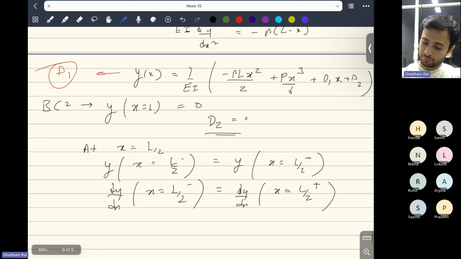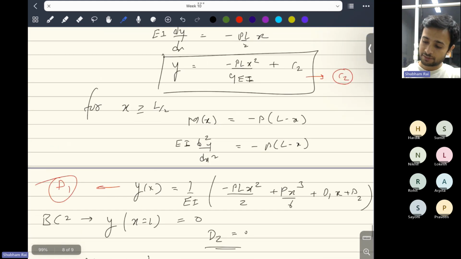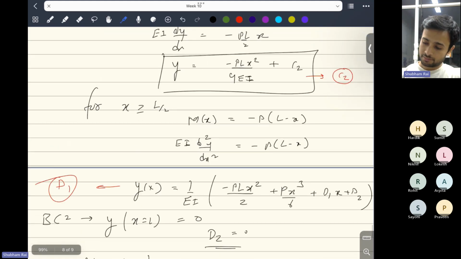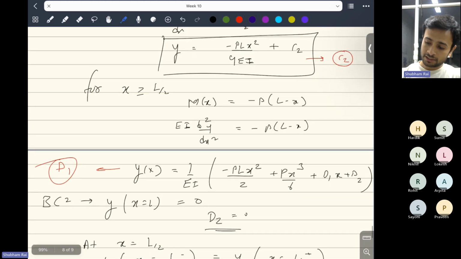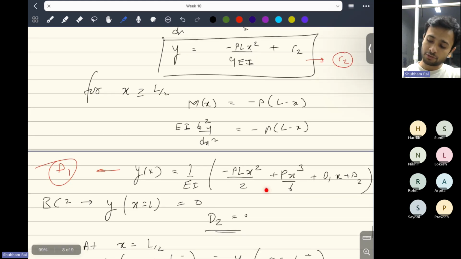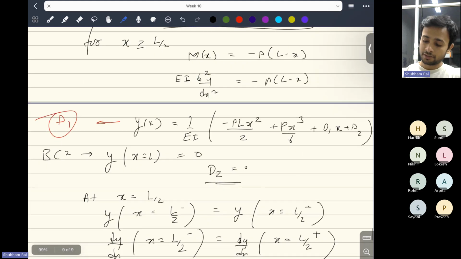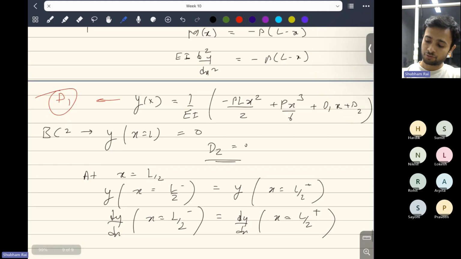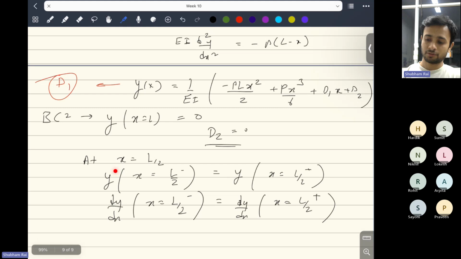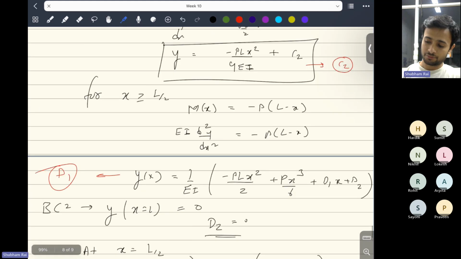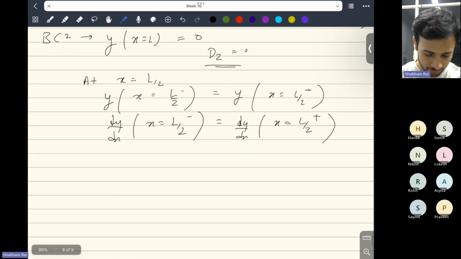And then you differentiate this equation and you differentiate this equation also. So if you differentiate this, this will go to 0, and put x is equal to L by 2 here also. If you equate these two expressions, you will get the value of d1. And from this value of d1, if you substitute it in the previous equation, which was found using this expression, then you will get the value of c2 as well. Okay, that's how you will get.